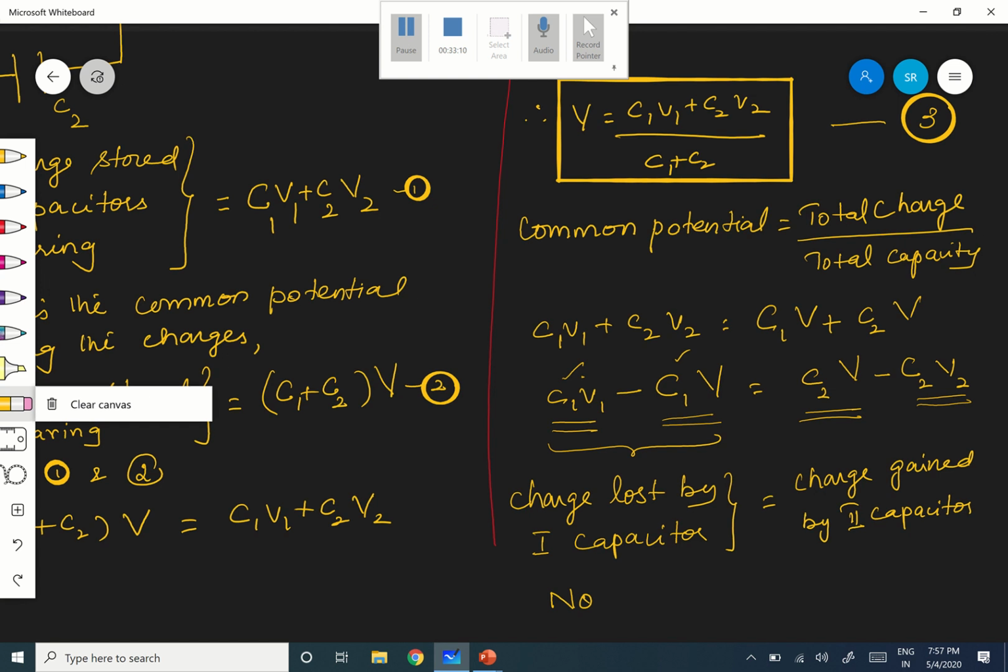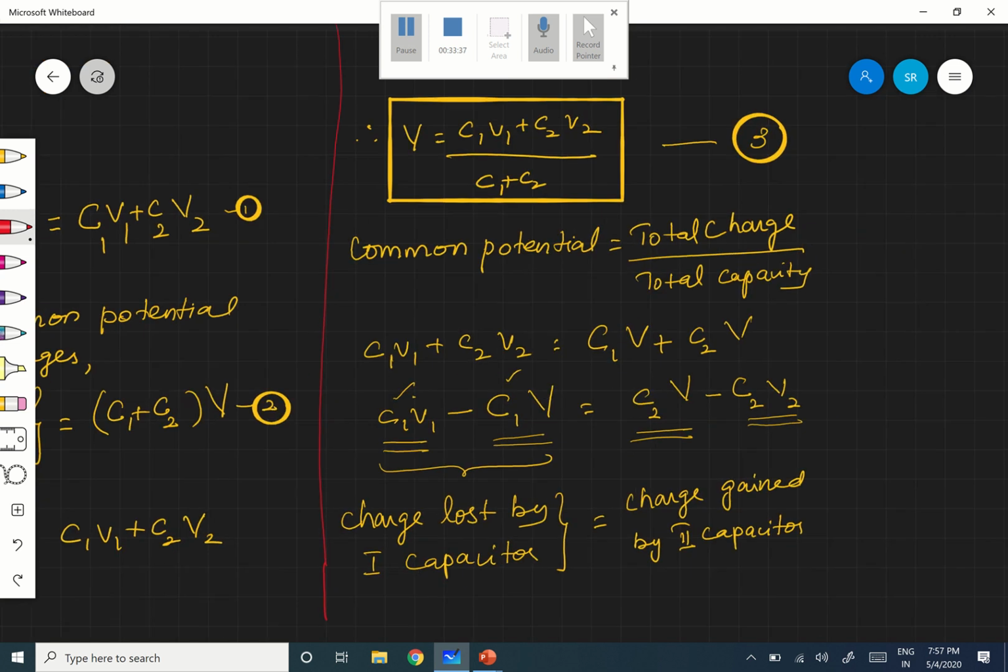When the two capacitors are connected in parallel, in this case, there is no net loss in the charge. Because of sharing there is no net loss in the charge. One is gaining, the other is losing. That is enough.